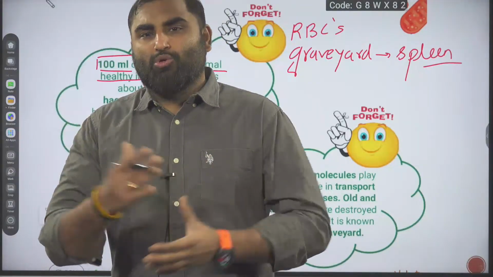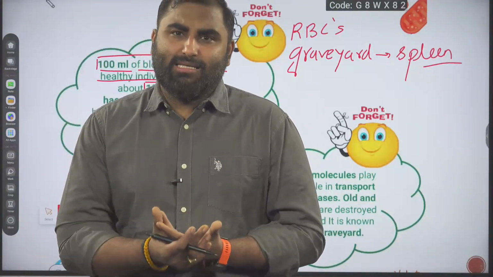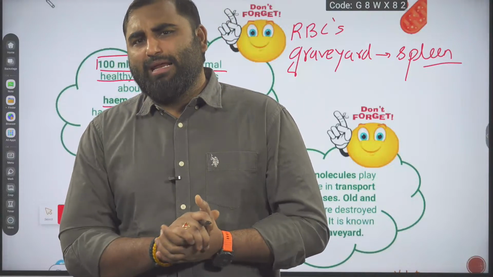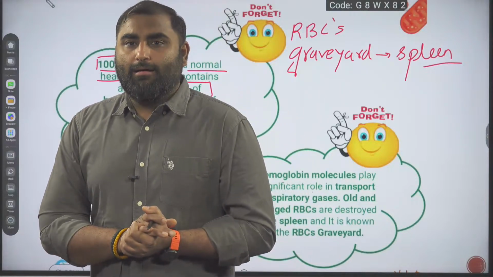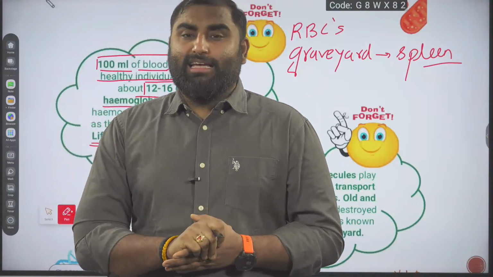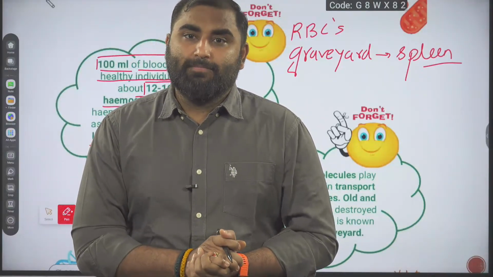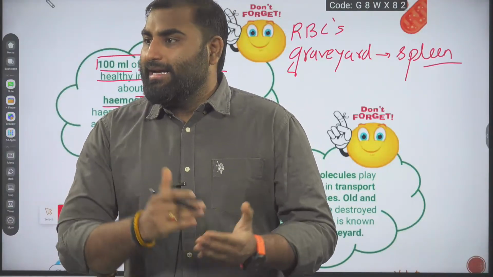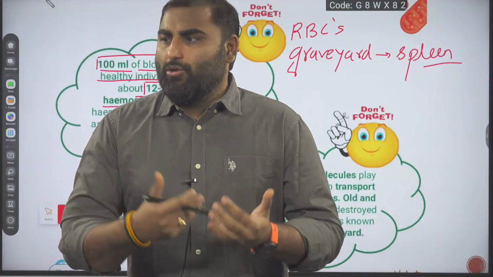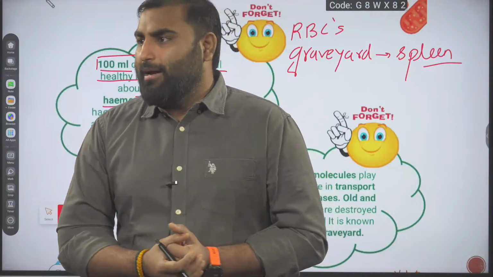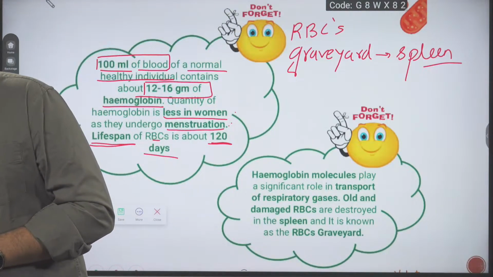Due to so much exchange of gases, the RBC membrane gets damaged, and then it is not that useful in gaseous exchange. So we destroy the RBC. After 120 days it is destroyed, slowly, a little bit at a time.